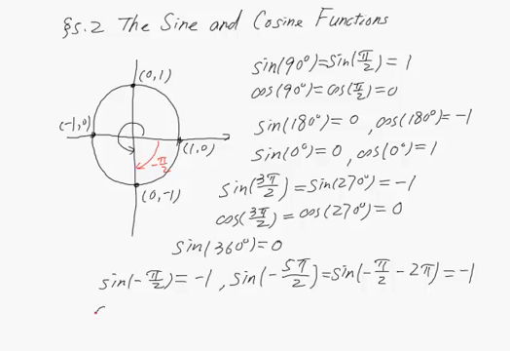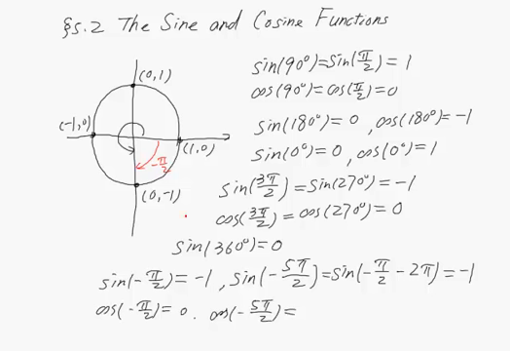Then how about the cosine of negative pi over 2? 0, right? See, the x-coordinate is 0. And the cosine of negative 5 pi over 2 is equal to what?